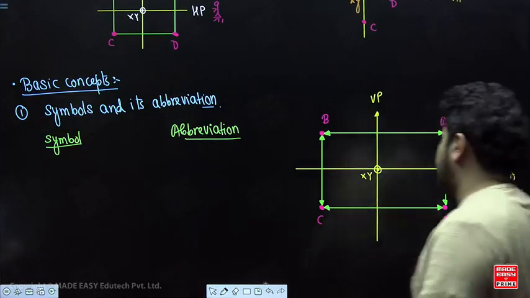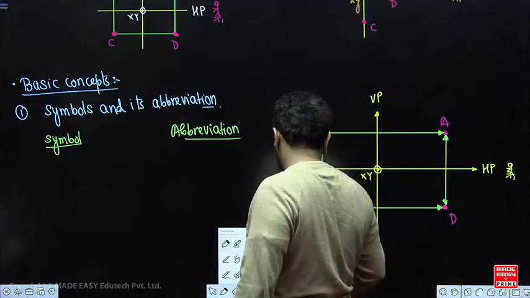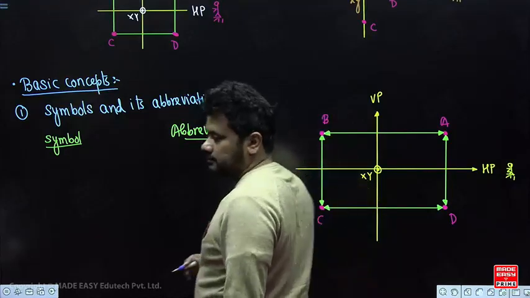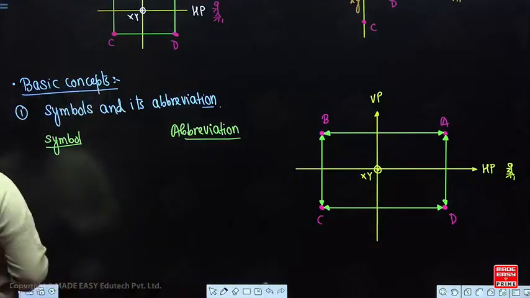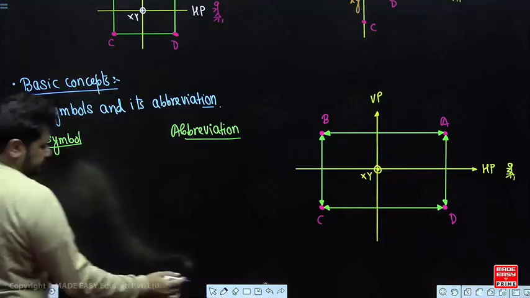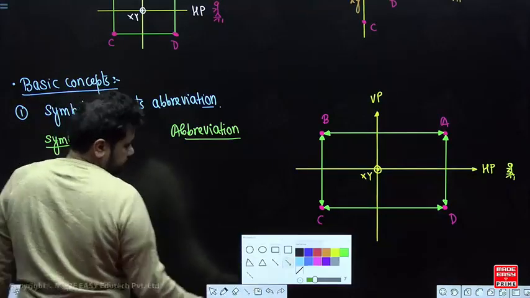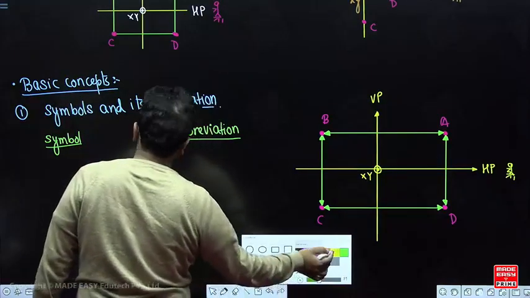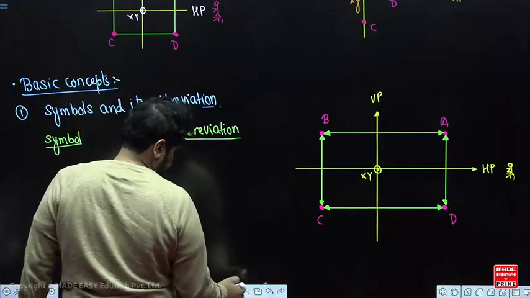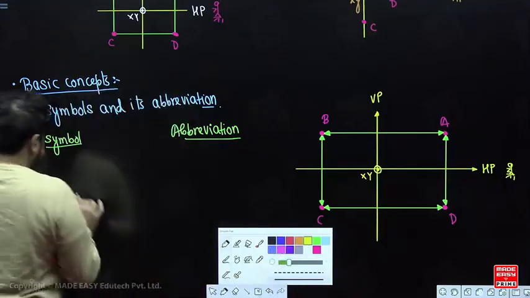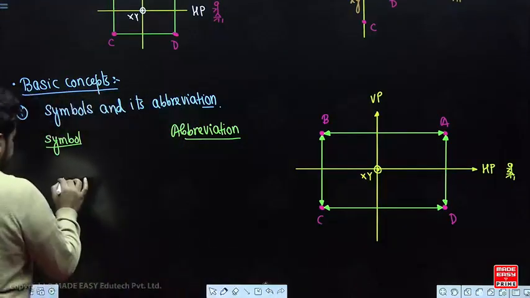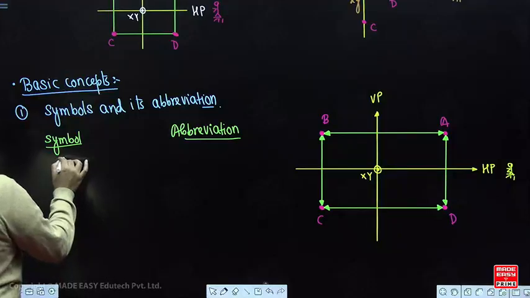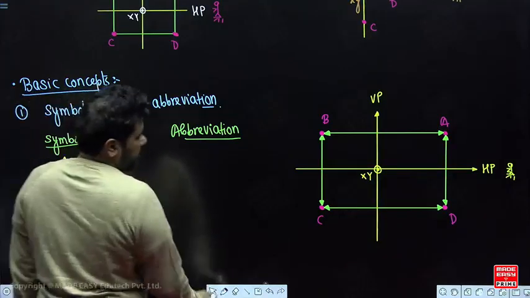Symbol and abbreviation. Okay, see, the first symbol is the upper arrow.